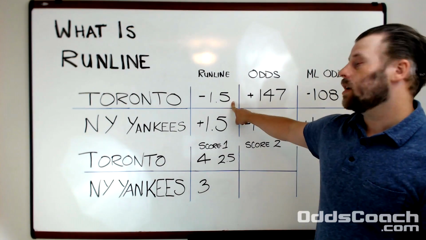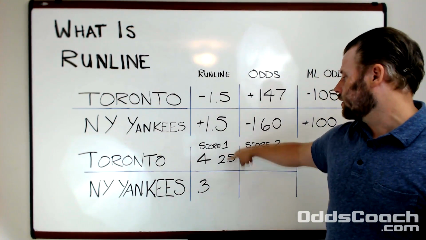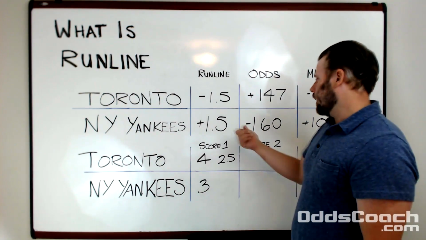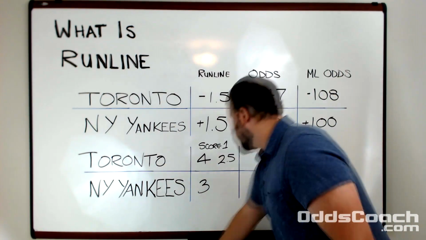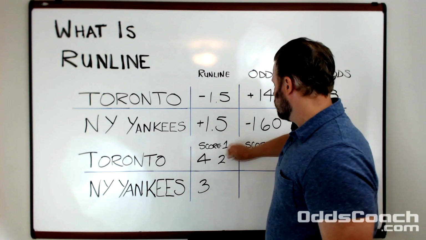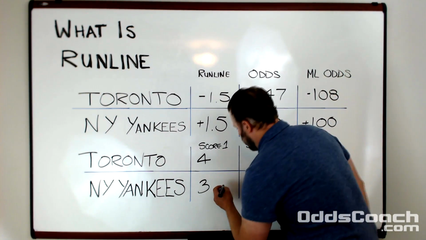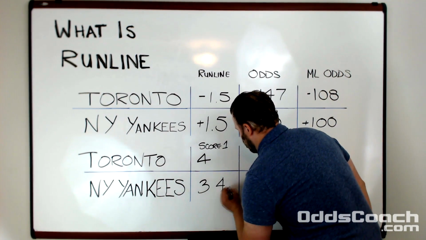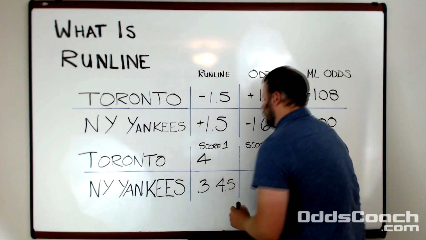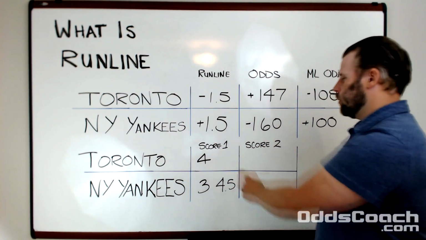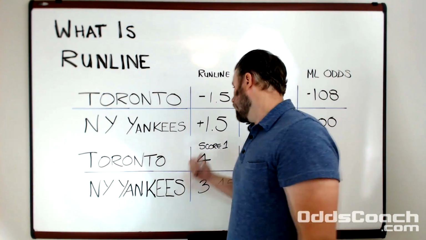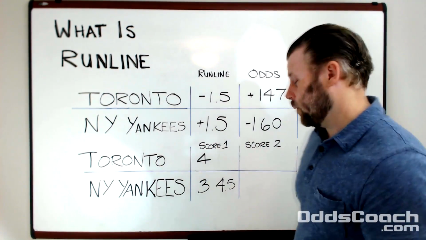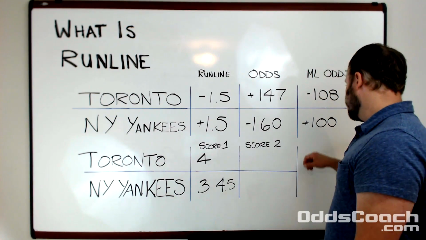Your bet on Toronto on the run line in this particular game is going to lose. And just to show you it's the same on the other side, if you take the Yankees score and you add 1.5 to it, you're going to get 4.5. And at that point, your 4.5 is going to win the bet on the run line for the Yankees.